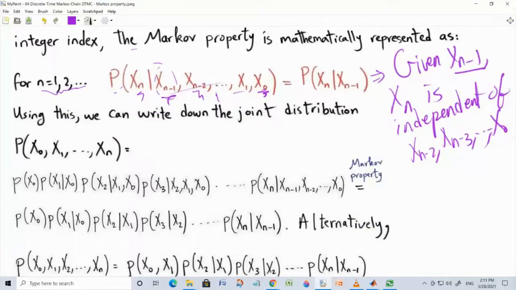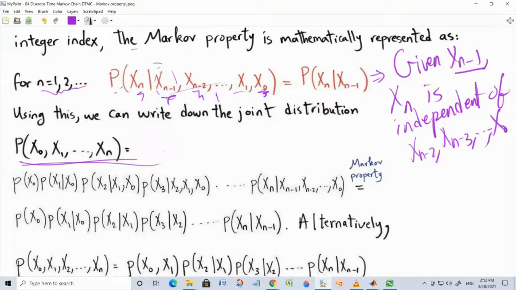Let's take the joint distribution of X0, X1, X2 up to Xn, and use the chain rule, which is applicable to any joint distribution. You can take the probability of X0, X1, X2 up to Xn and write it as: probability of X0, times X1 given X0, times X2 given X1 and X0, times X3 given X2, X1 and X0, times X4 given X3, X2, X1 and X0, and so on and so forth.